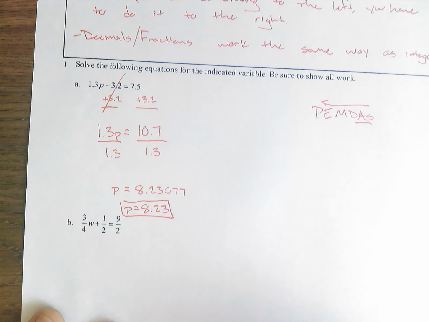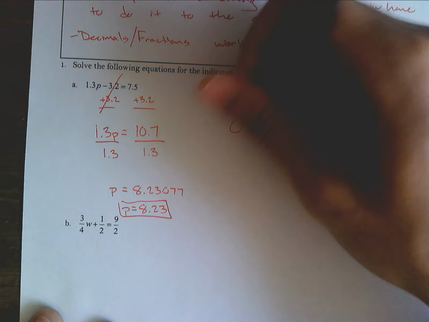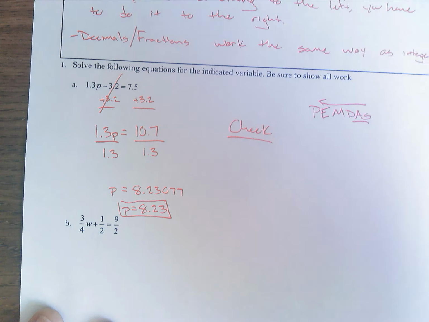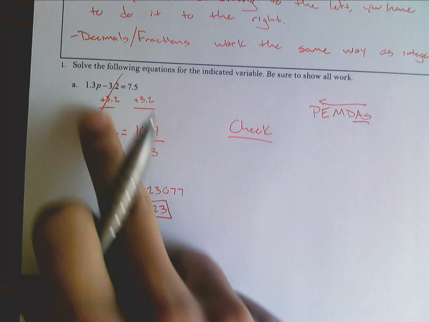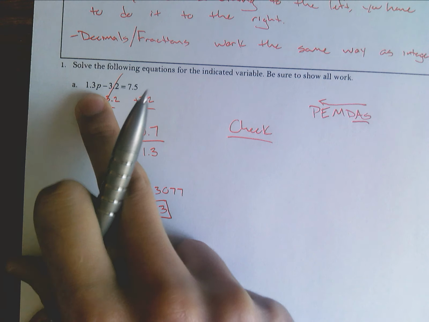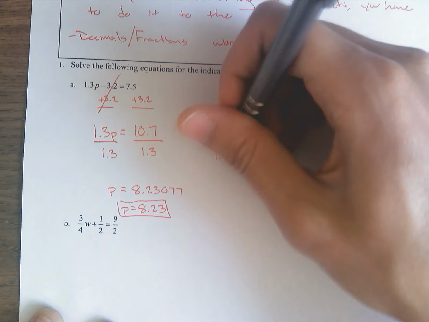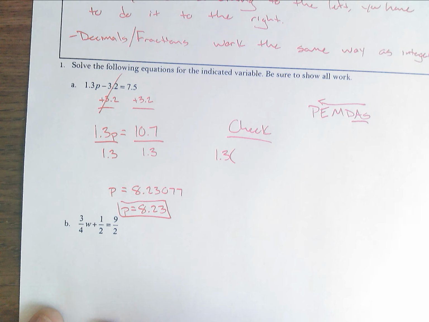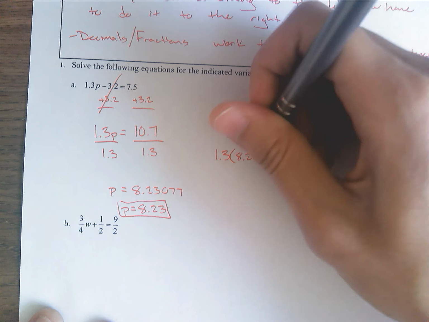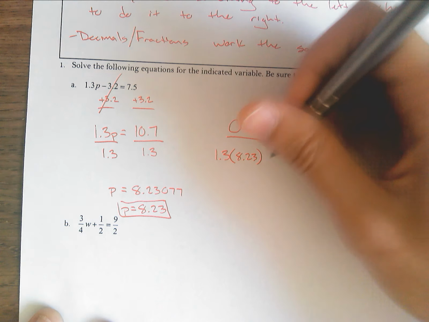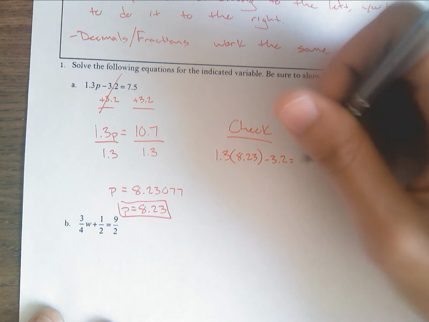As always, we should check our work, see if we got the right answer. So we're going to check. And remember, to check, you take your solution and you plug it right back into the original equation. So here we have 1.3 times p. Well, p we just solved for is 8.23, minus 3.2 equals 7.5.